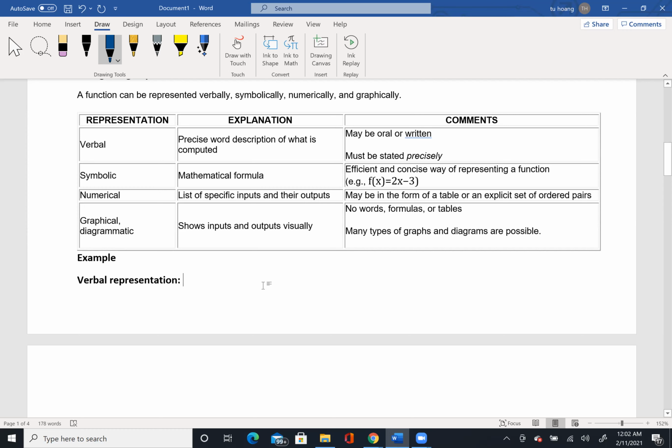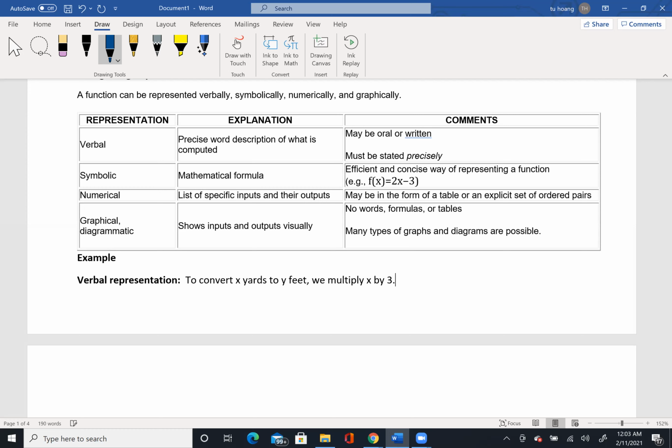I'm gonna say, to convert X jars to Y feet, we multiply X by 3, right?